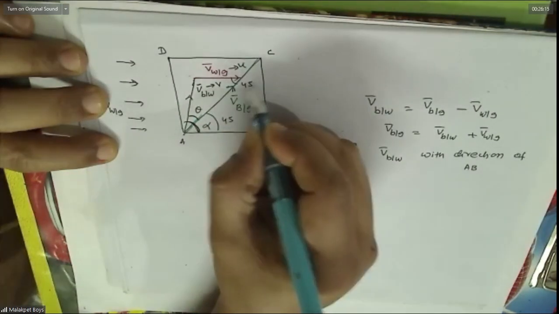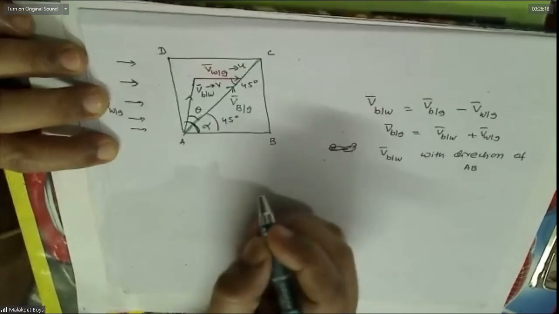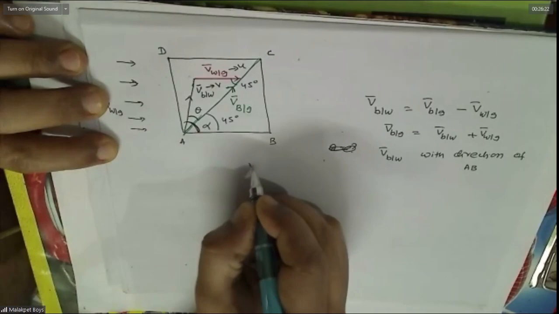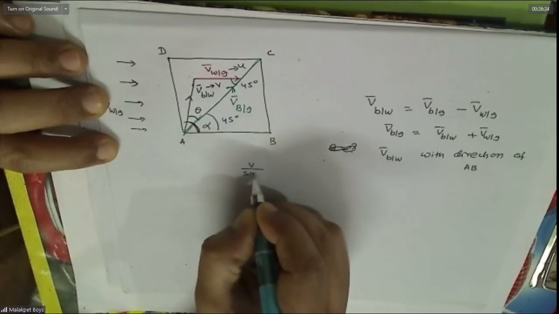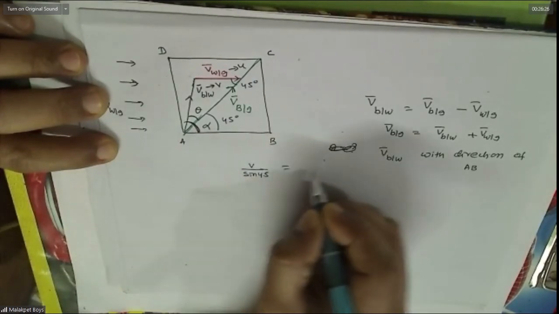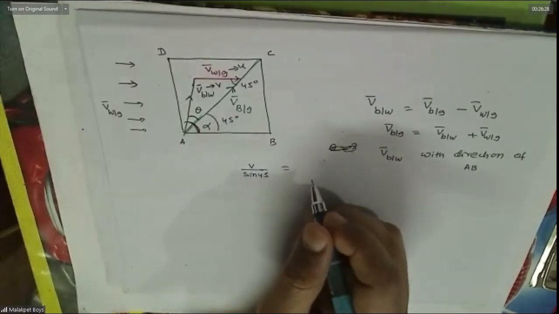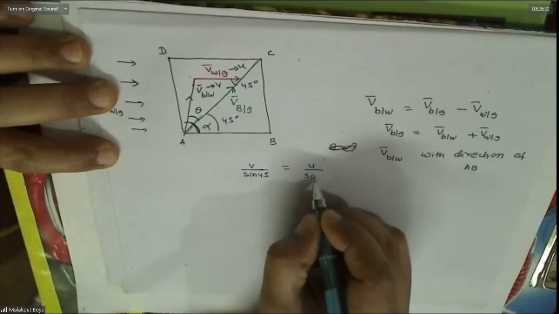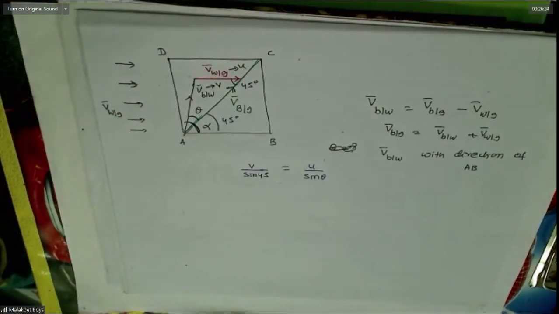Next all is maths only. Agreed? Now you can use the sine rule: V by sine 45 is U by sine theta. Do you agree with this? Any doubt?